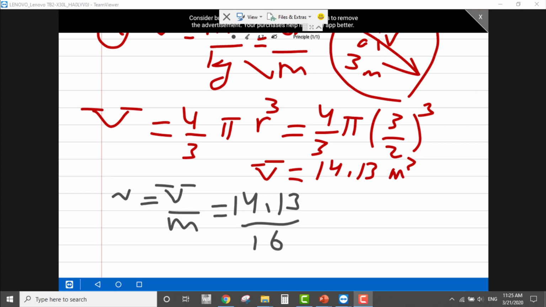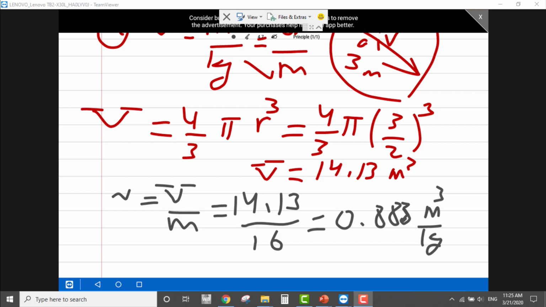So 14.13 divided by 16 is equal to 0.883 meter cube per kilogram.